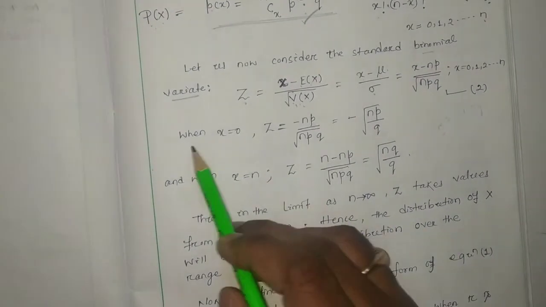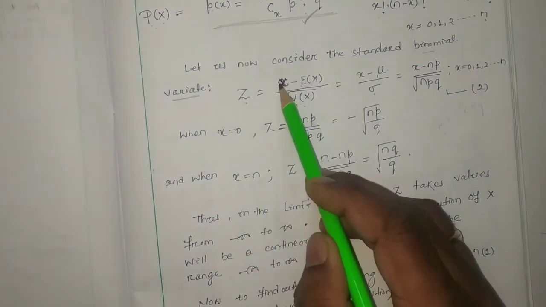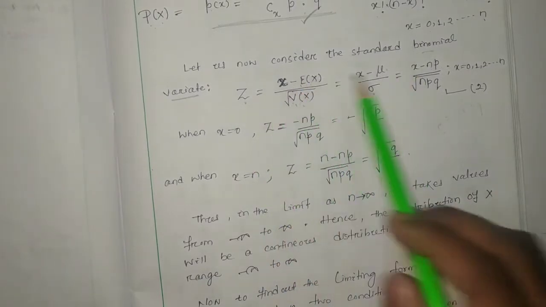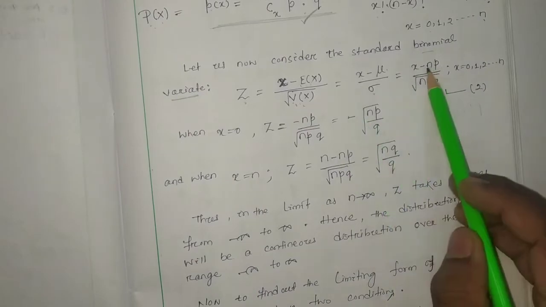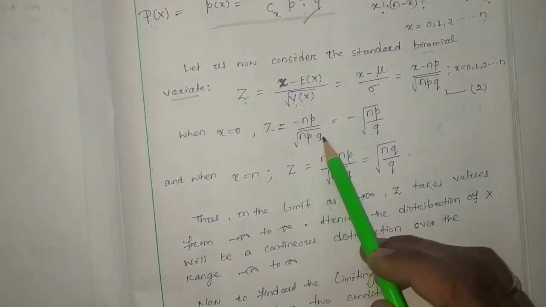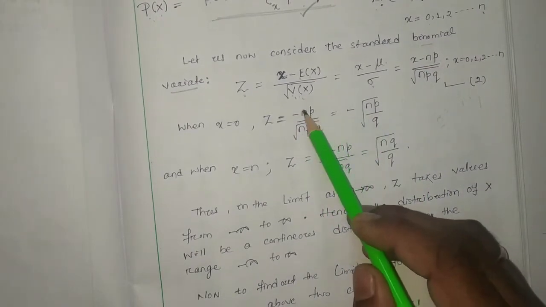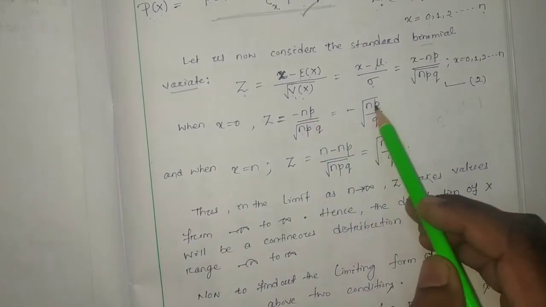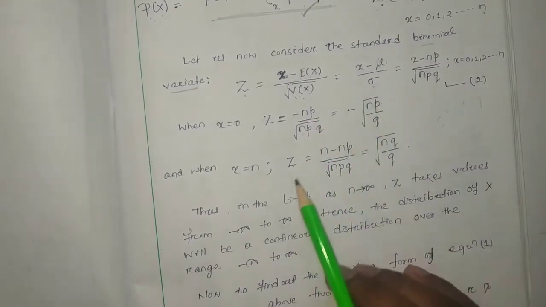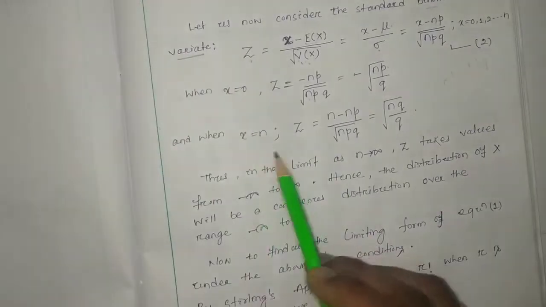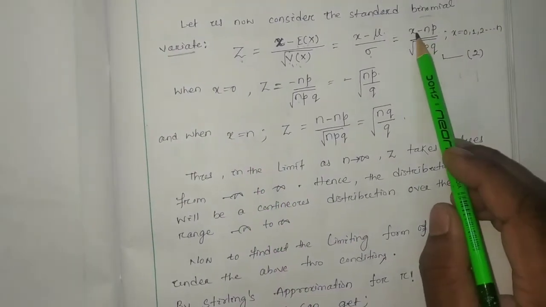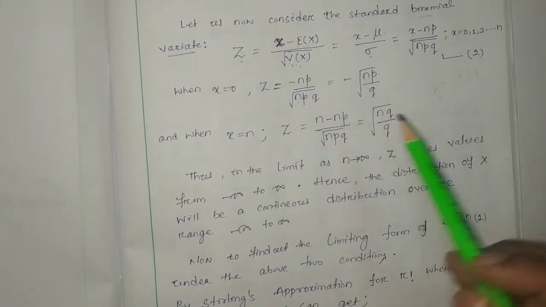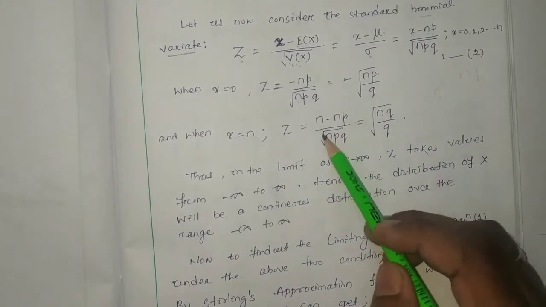Now when x equals 0, z will be equal to how much? Putting x equal to 0, z equals 0 minus np by root over of npq, so it will be minus root over of np by q. Now if we put x equal to n, then z will be equal to n minus np by root over of npq.